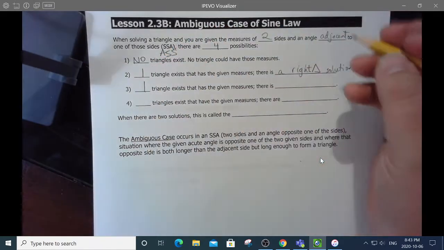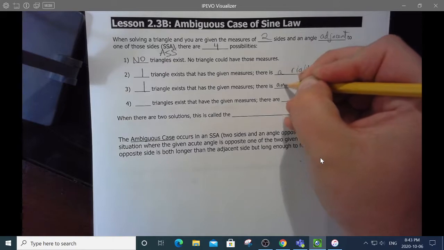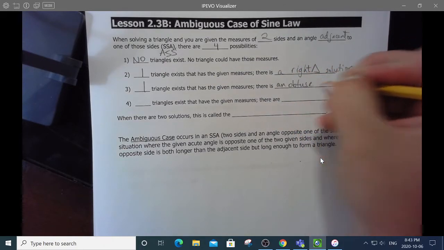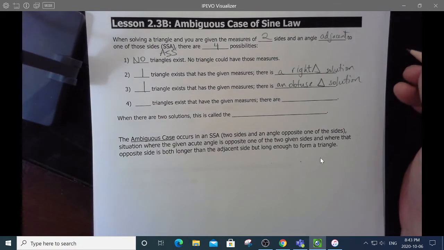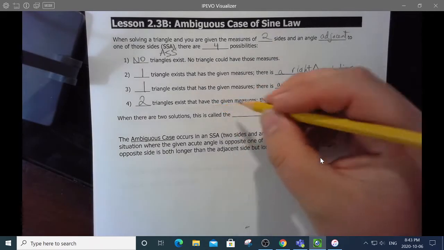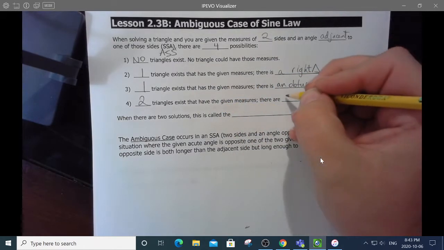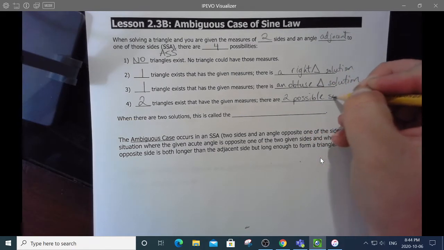Possibility number three, one triangle exists that has the given measures, and there is an obtuse triangle solution. And number four, two triangles could exist that have the given measures, and there are two possible solutions.